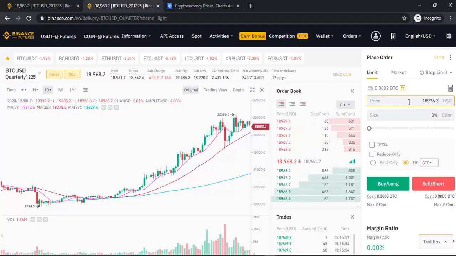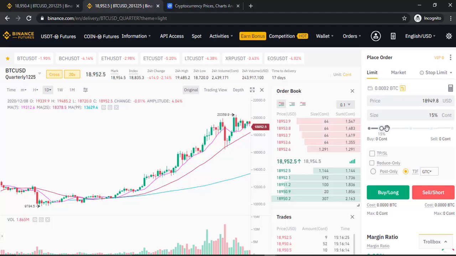Here you can either type the price by yourself, or you can click on a particular price you want to use and it gets filled automatically. Or when you want to buy, you can also click from here. If you want to long, you can click from here and it gets filled automatically. On the size, if you want to trade based on a percentage of your asset, here is the percentage size. We are going to take 100% of our asset.